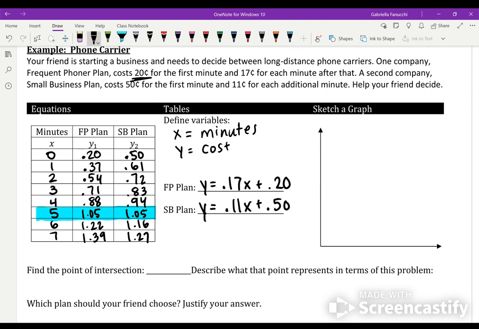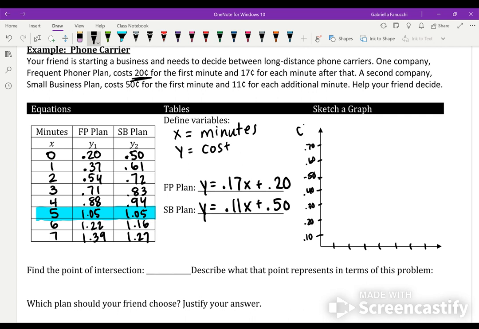For our graph, we're just going to do a nice little sketch. I'm going to have this go by 10 cents: 10, 20, 30, 40, 50, 60. And then my minutes is going to go by ones.